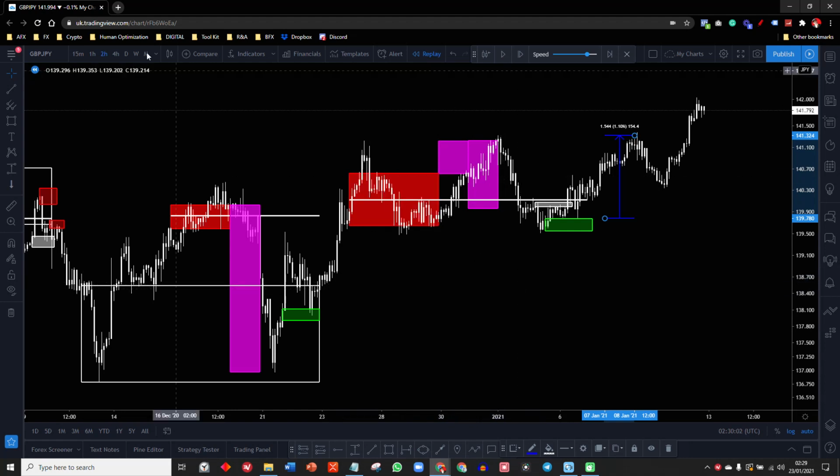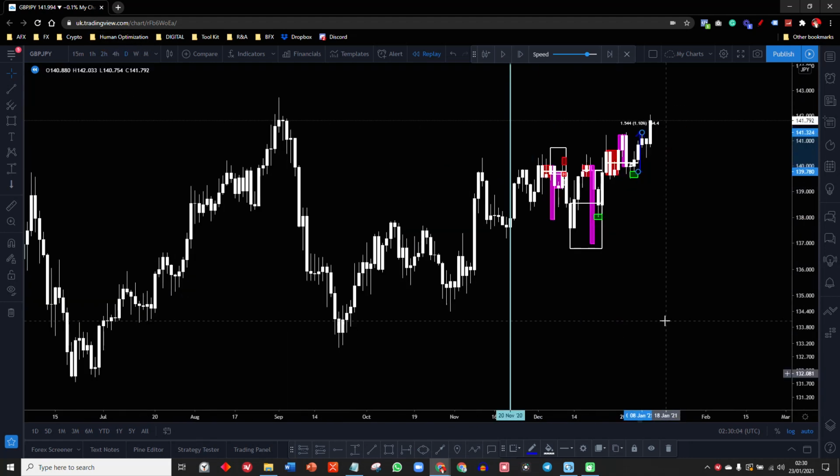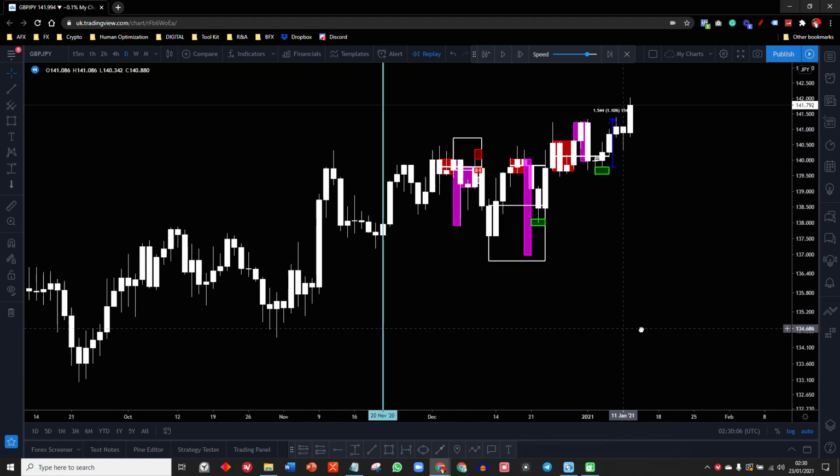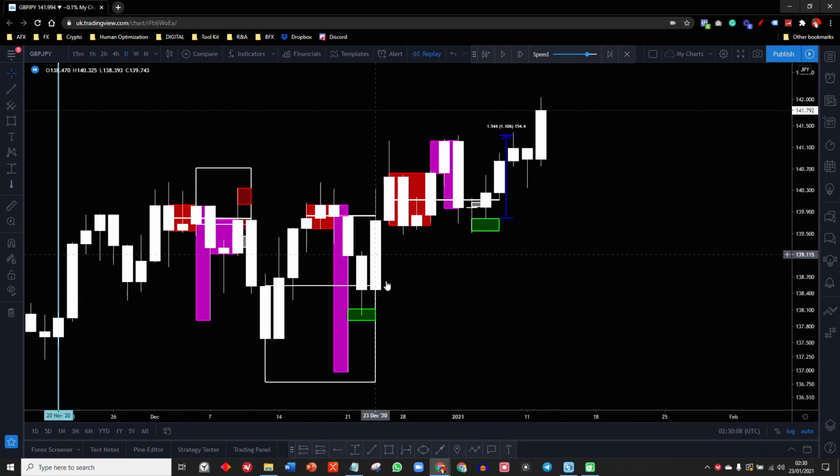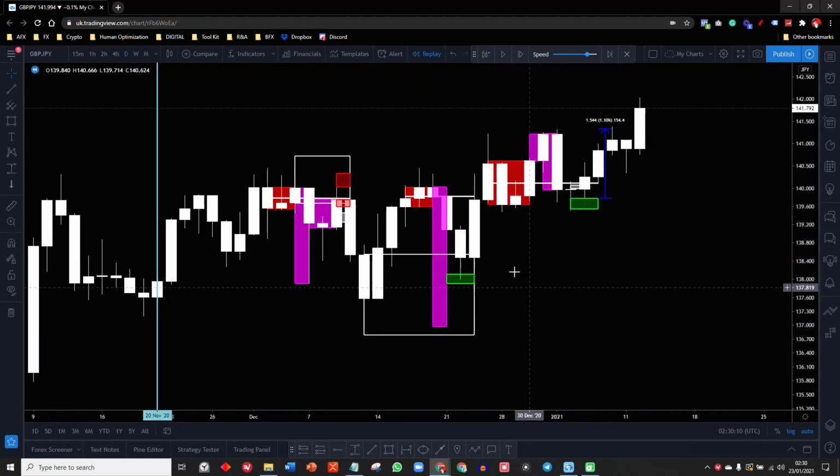I really do hope that this is making complete and utter sense from this perspective. We now understand exactly what is happening with every single candle. Every single candle has some form of representation to it.